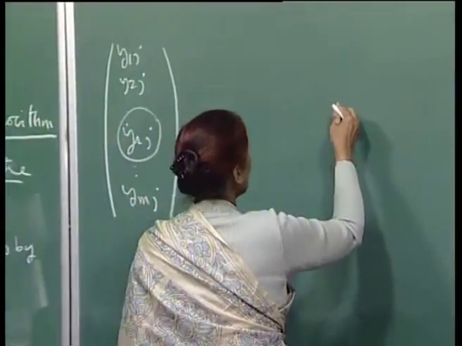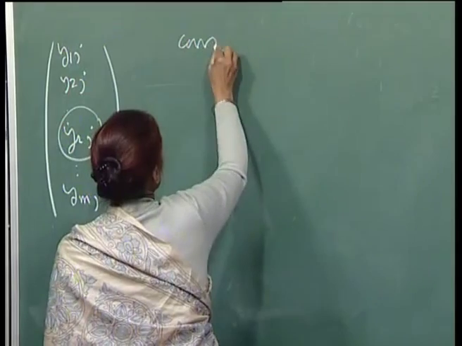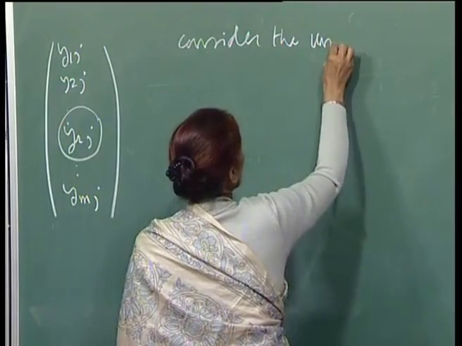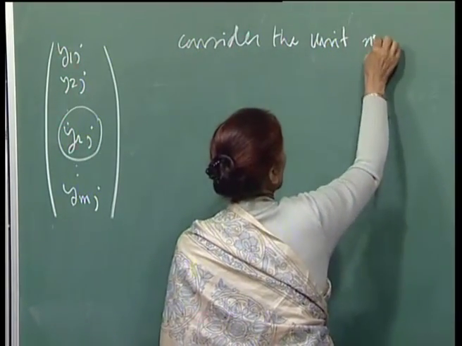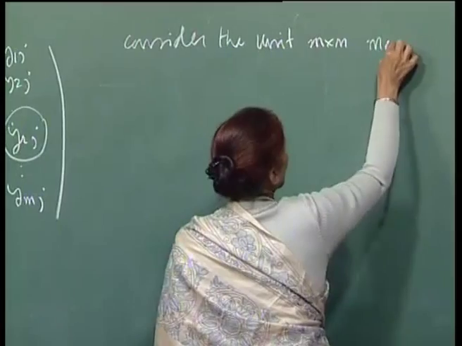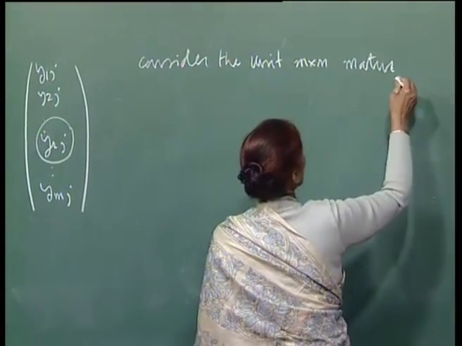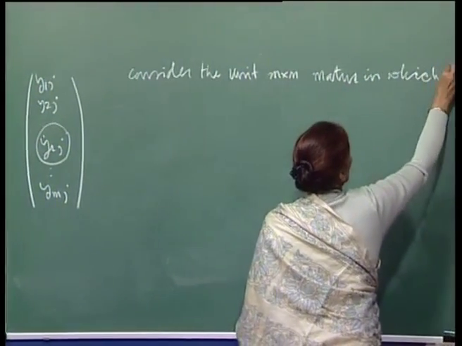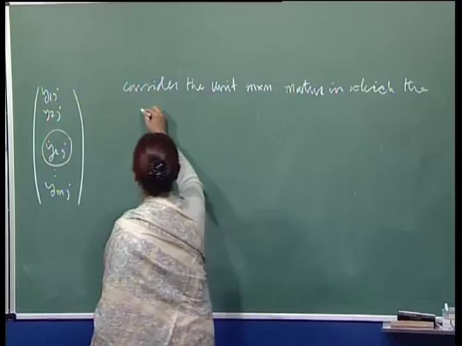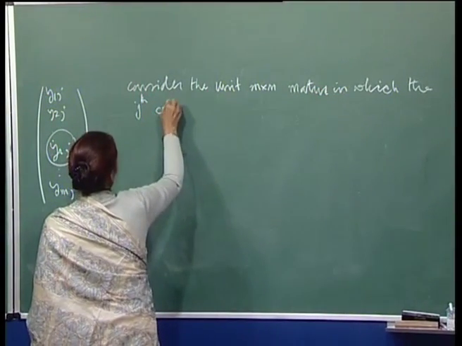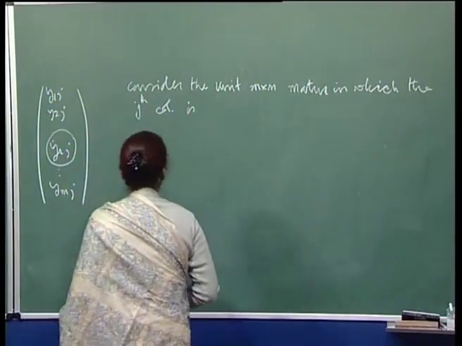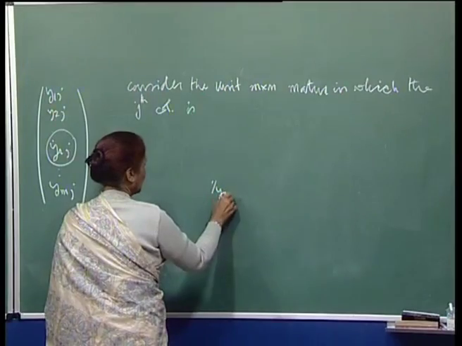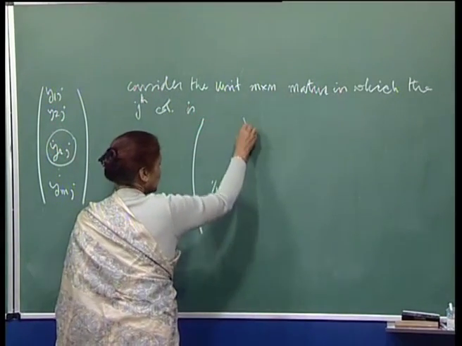So that means consider the unit m by m matrix in which the jth column is, now what is the jth column? It will be 1 by yrj. So I am just writing the jth column, right.